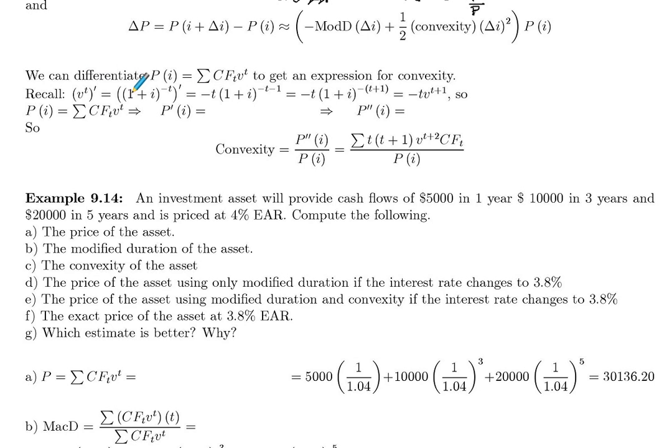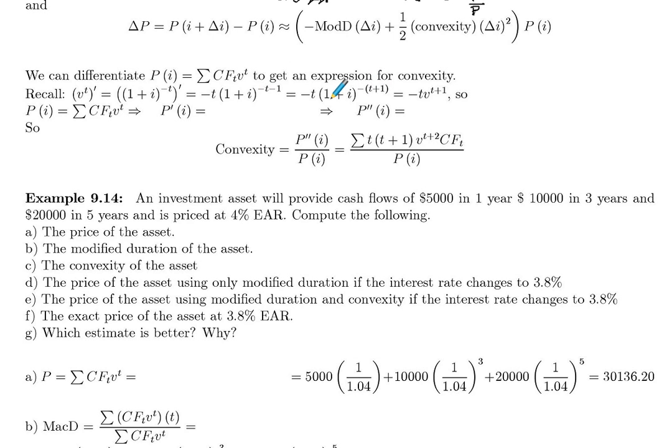So remember that v is 1 over 1 plus I, or 1 plus I to the negative 1. So v to the t is going to be 1 plus I to the negative t. So we're doing a derivative here of a function to a power. To differentiate, the exponent comes down in front, minus t, keep the inside the same, decrease the exponent by 1, negative t minus 1. And then if you factor a negative out of this exponent, you get the negative of t plus 1.